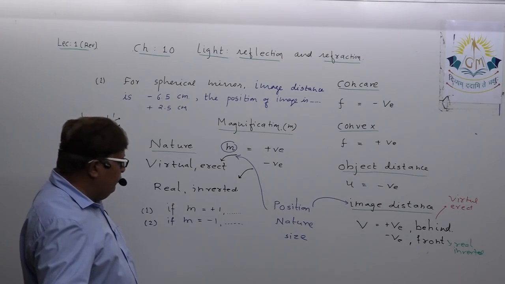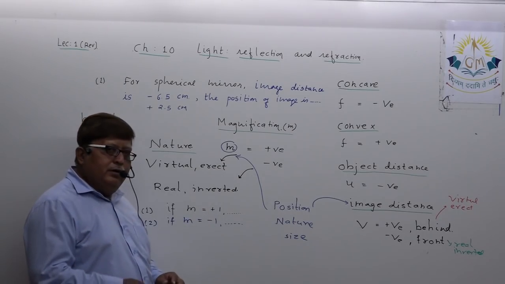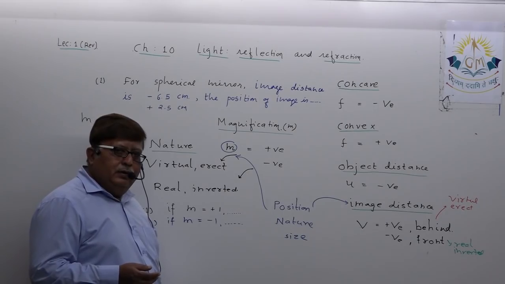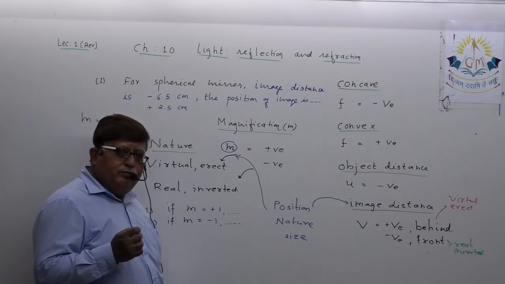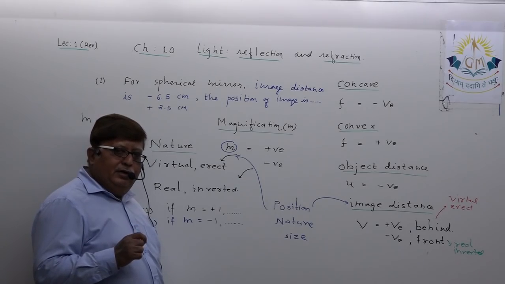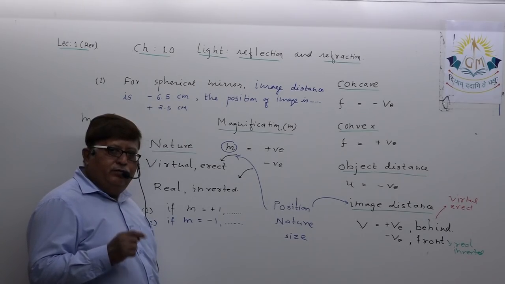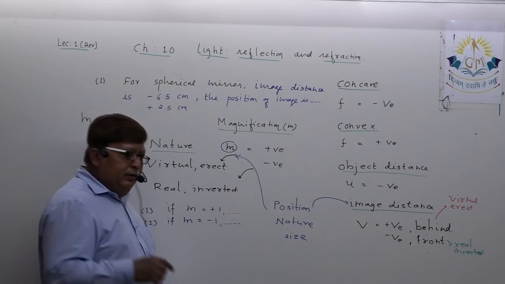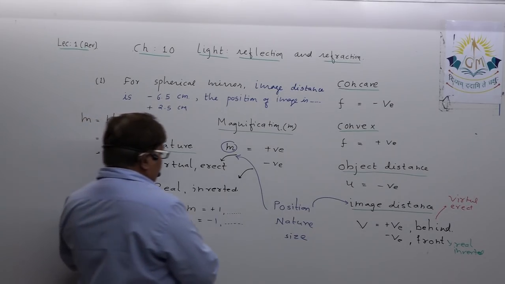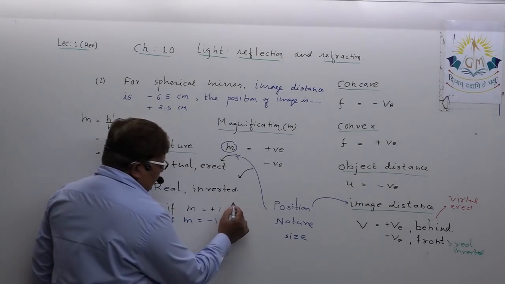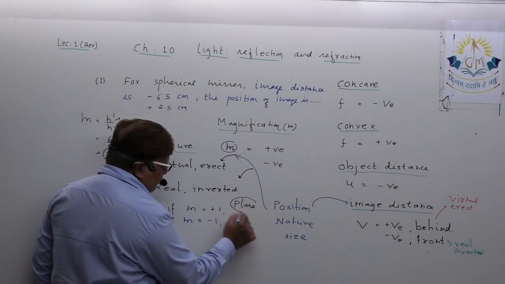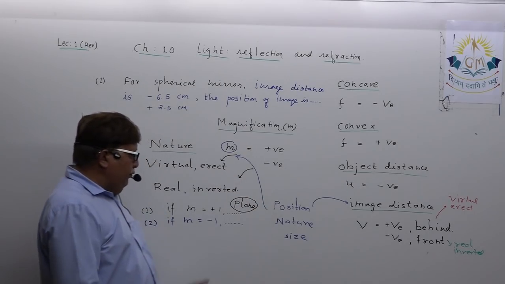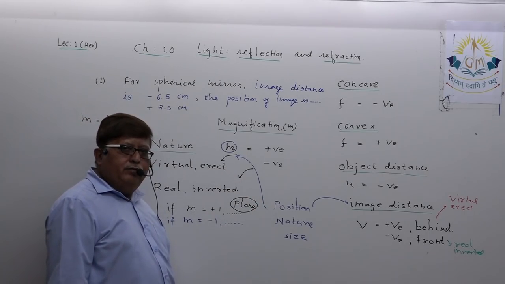One more thing also I want to share. Do you know which is the mirror which gives virtual erect image with magnification plus 1? If you can remember, only one mirror, that is plane mirror. I can ask in MCQ this way also: from which mirror is the value of m always plus 1?